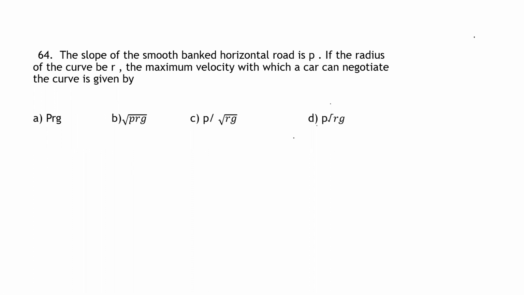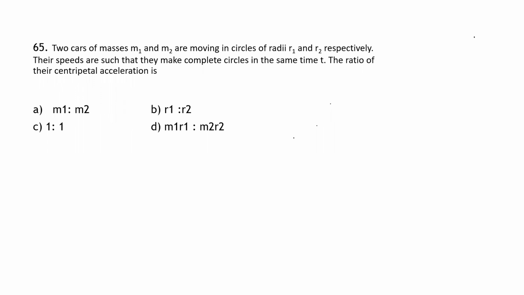So here a car is moving in a curved path. The slope of that road is given, it is P. If the radius of the curve is R, then what you need to calculate is the maximum velocity or the maximum speed with which the car will take a turn.